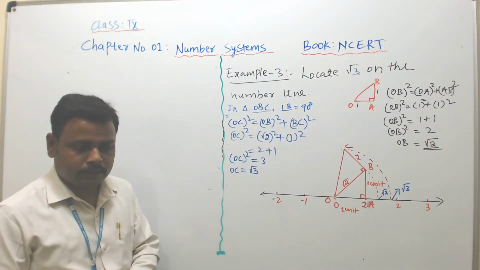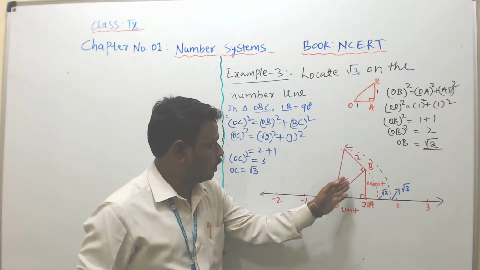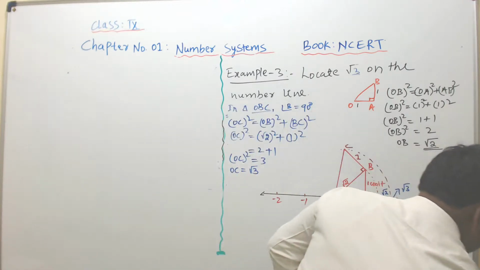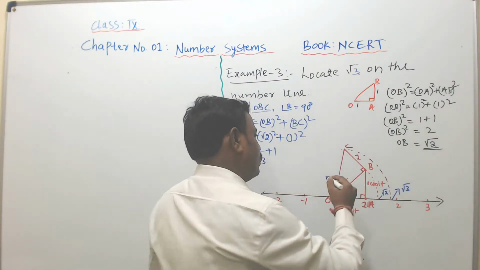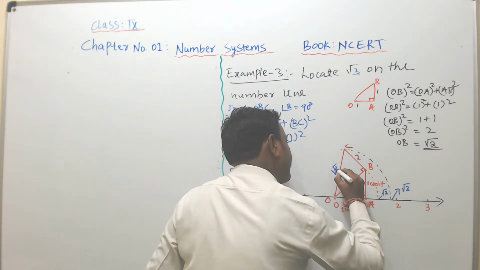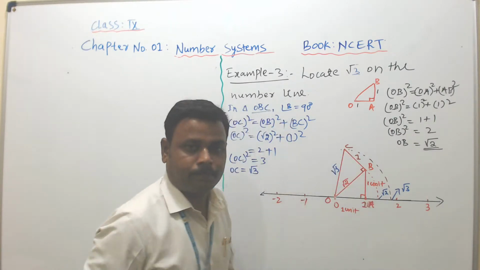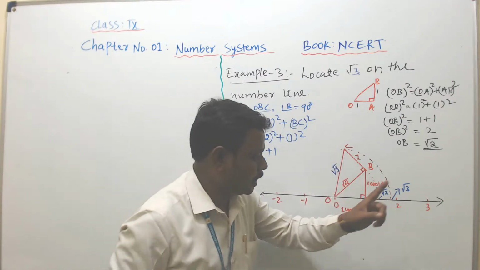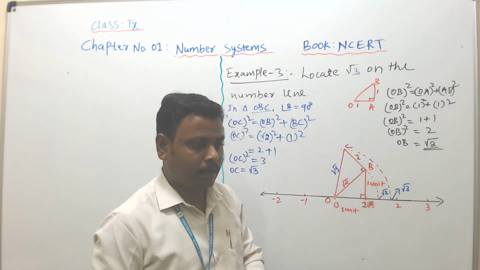So what we have discussed, root 2 and this is root 3. Root 3, O to C on the number line. Root 2 on the number line.